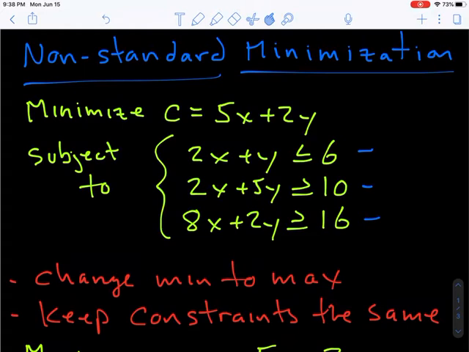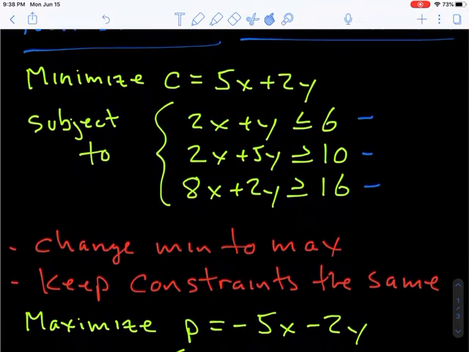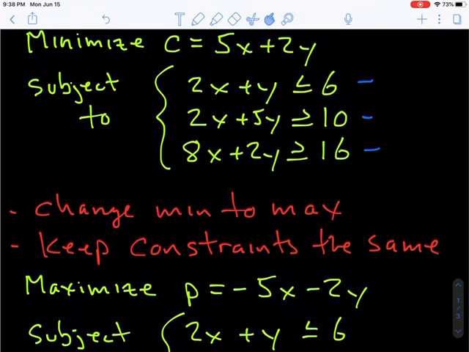So the way that we solve a non-standard minimization problem is actually quite simple. We simply change the minimization problem to a maximization problem. And we keep the constraints exactly the same. We do not change any of the constraints. So what this means is we are going to change minimize c equals 5x plus 2y to maximize p equals negative 5x minus 2y.